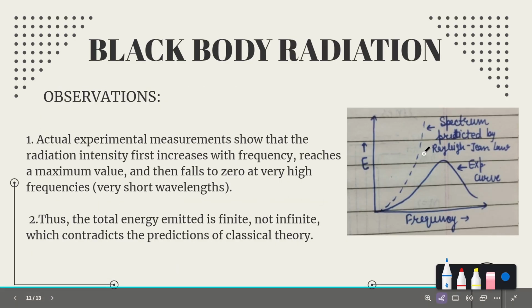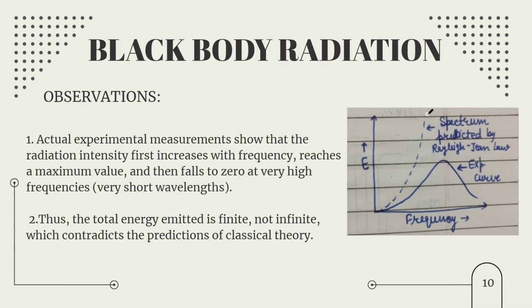See, this dotted line is the graph plotted by the Rayleigh-Jeans law. अब जो observations आई experimentally उनकी बात करते हैं। पहली, actual experimental measurements show that the radiation increases with frequency, reaches a maximum value, and then falls to zero at very high frequency or very short wavelengths.